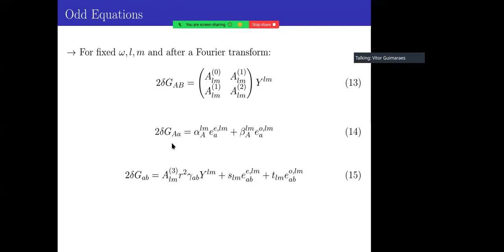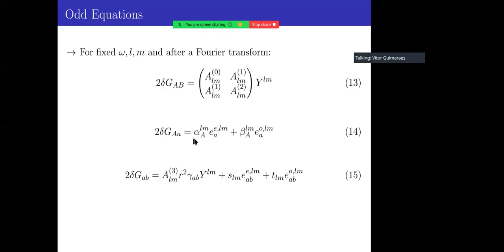Okay, so this is what is happening. We saw these exact expressions for the Ricci tensor, which is completely analogous, at least for the odd equations. So this is what we have: this matrix here times this scalar.